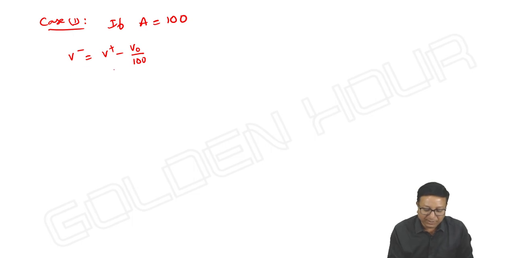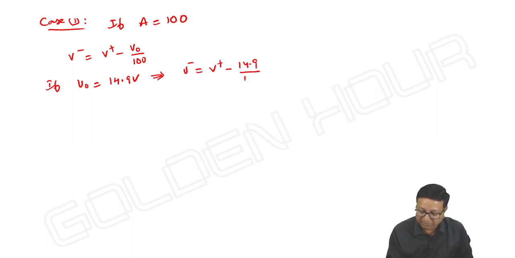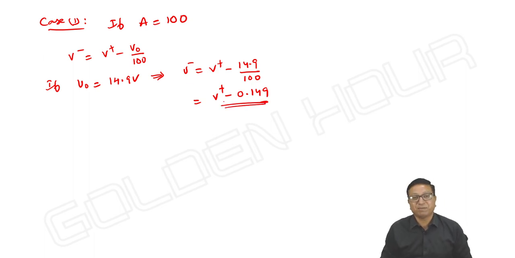Suppose, instead of taking V sat or minus V sat, I am taking some 14.9 volt. If that is the case, what is V minus? It is V plus minus 14.9 by 100, which is V plus minus 0.149. You cannot approximate V minus to V plus.